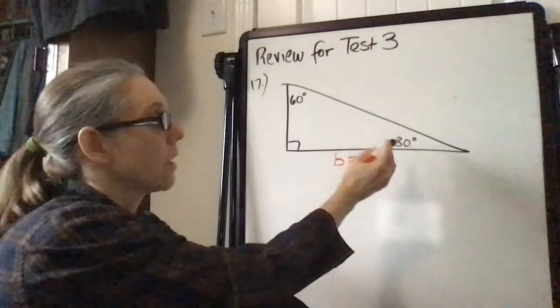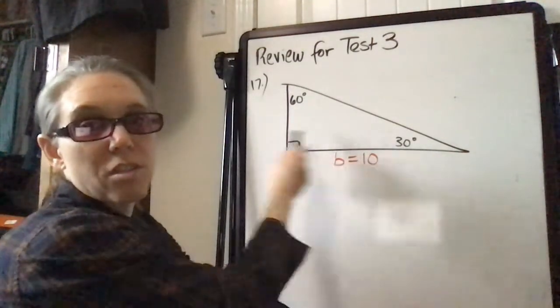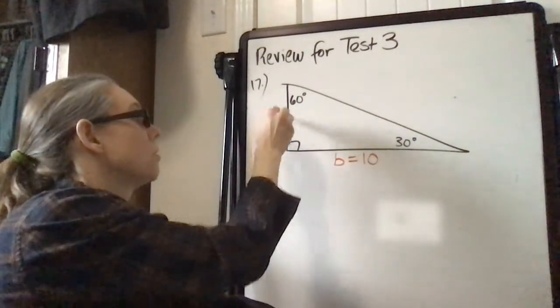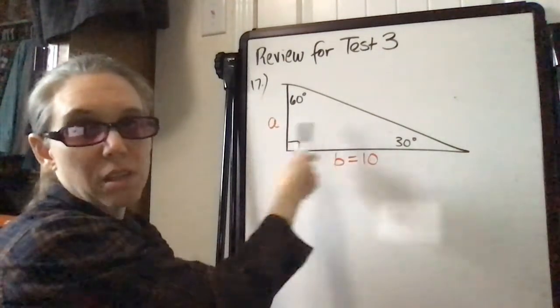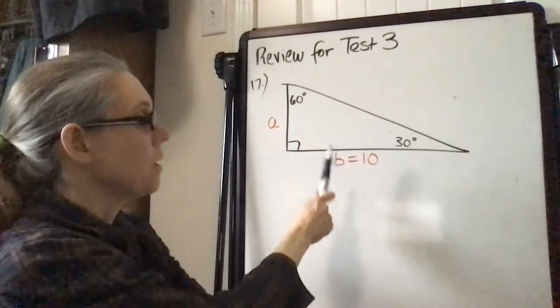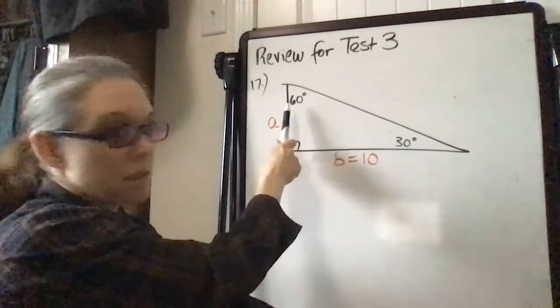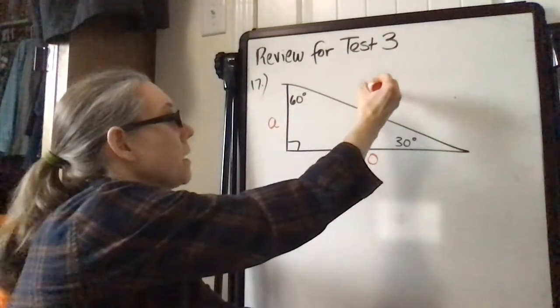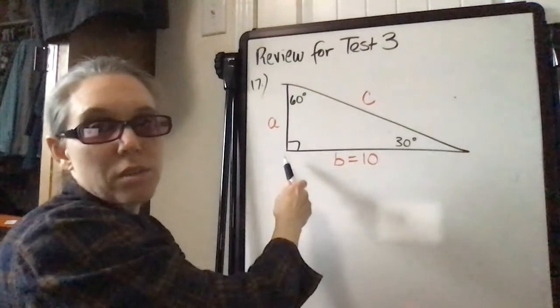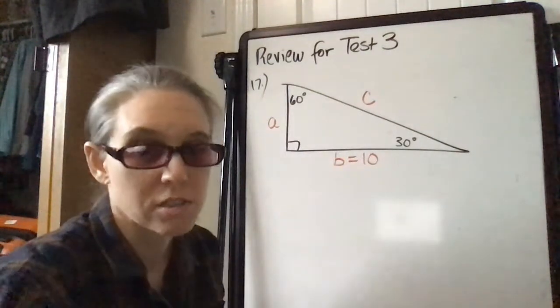Okay, the short leg is always opposite the 30-degree angle. So the little side is always opposite the little angle. The medium side is always opposite the medium angle. And the biggest side, the hypotenuse, is always opposite the right angle, the largest angle.